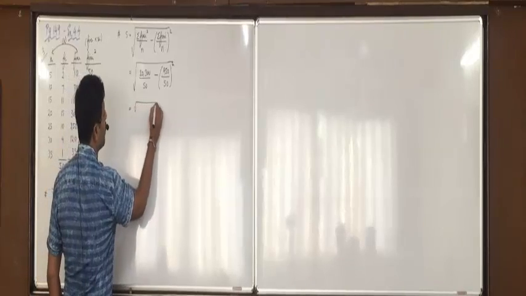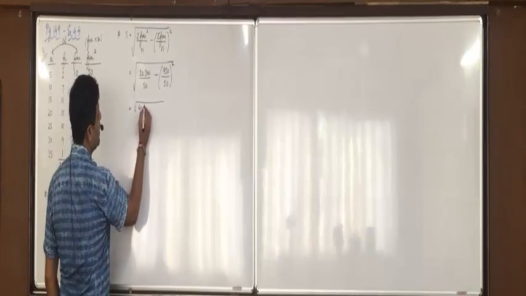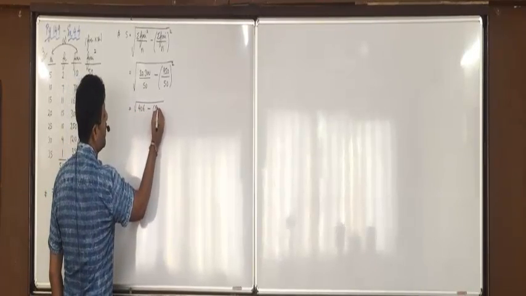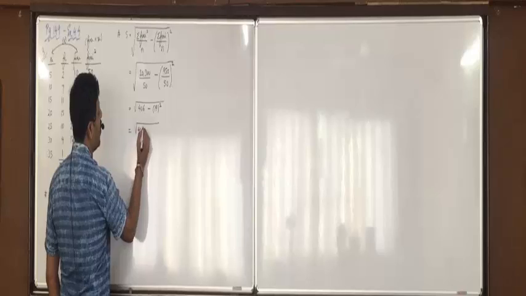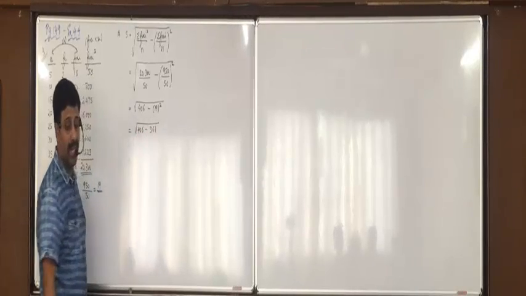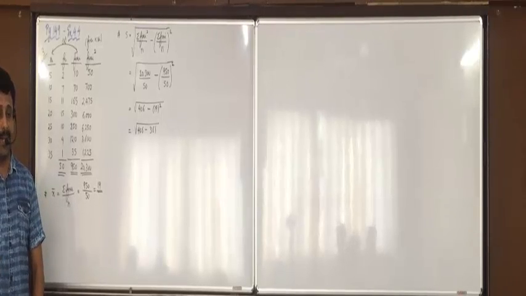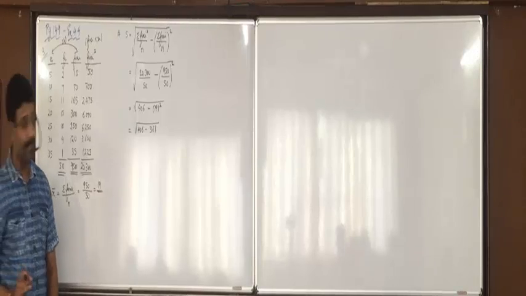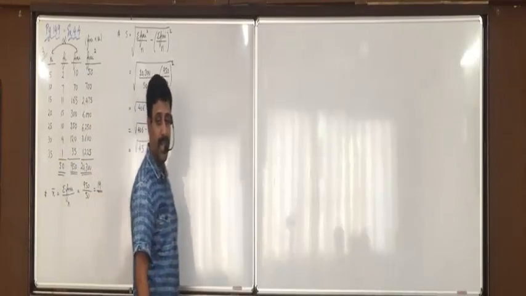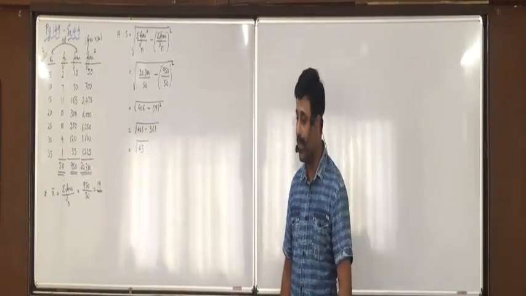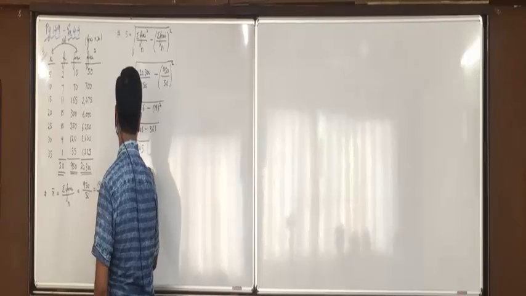So square root of 20,300 divided by 50 is 406, and 950 divided by 50 is 19 whole square. 406 minus 361. How do you find the square? 19 into 19 equals, do you get 361? All of you? So 406 minus 361, do you all get 45? And the square root of 45 is 6.71.